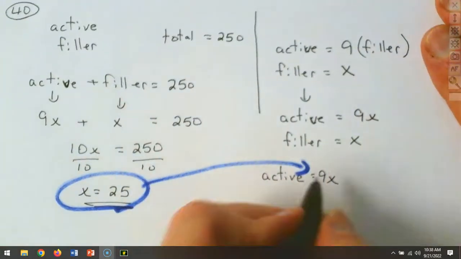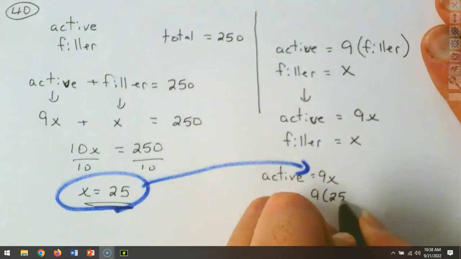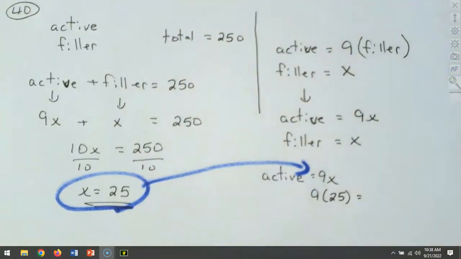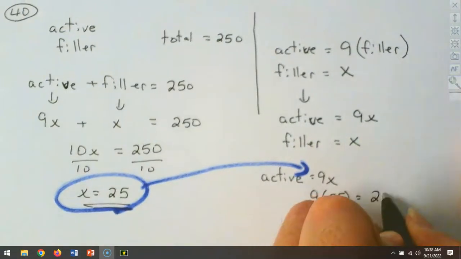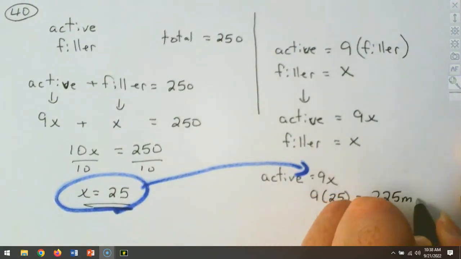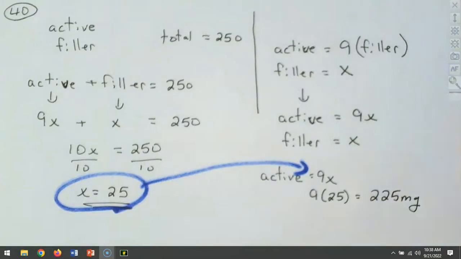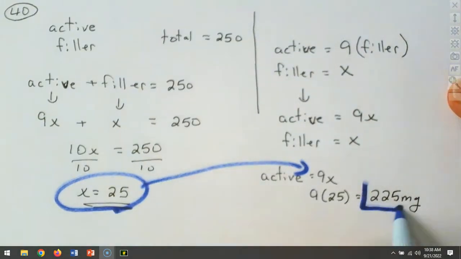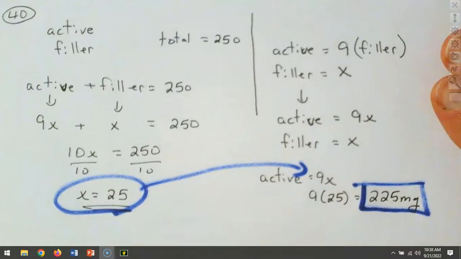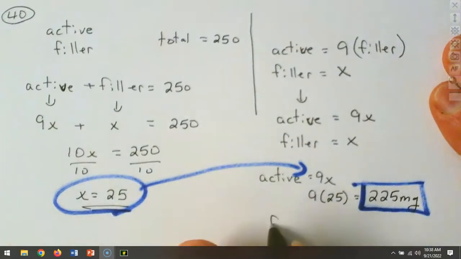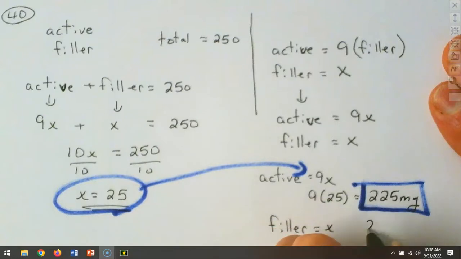That is 9 times 25, and 9 times 25 is 225, and that's going to be milligrams. We still need to find the filler or the inert ingredients, and that's x. And so it's 25 milligrams.